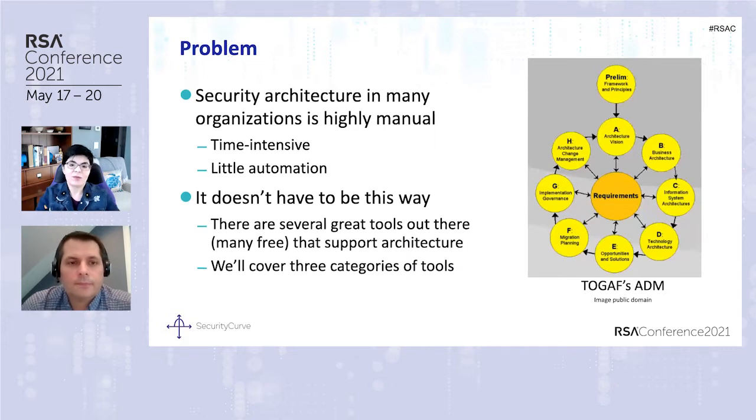So what's the problem, though, that we're trying to solve? There's always a problem. And in security architecture, one of the big problems is that it's incredibly manual. The process takes a long time. There's not a whole lot of automation. That's why we really wanted to focus on what tools were available, because as we've worked on cybersecurity architectures over our careers, it can be really hard to get everybody together on the same page.